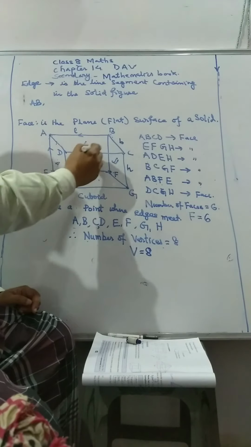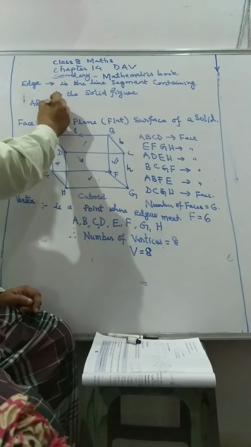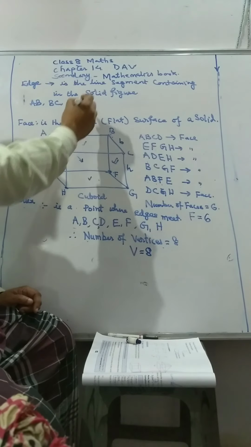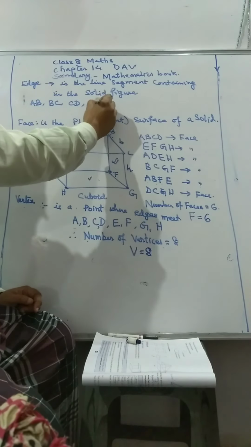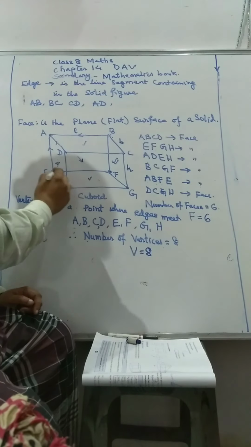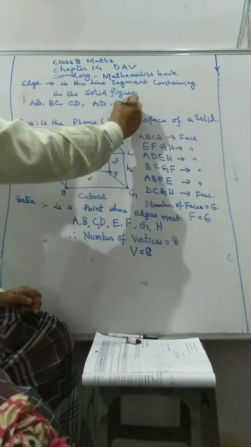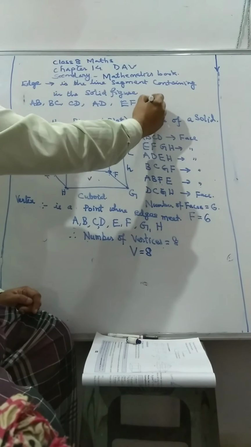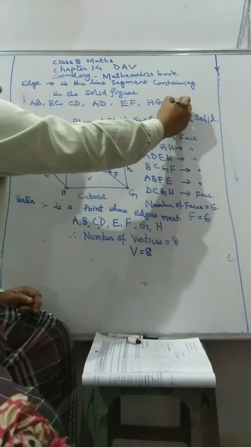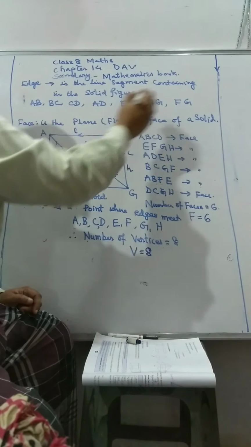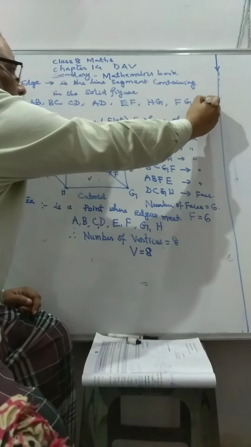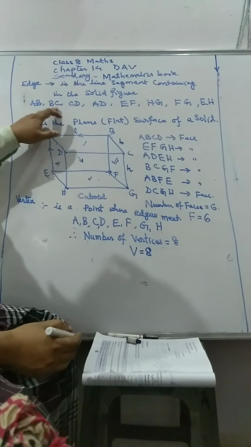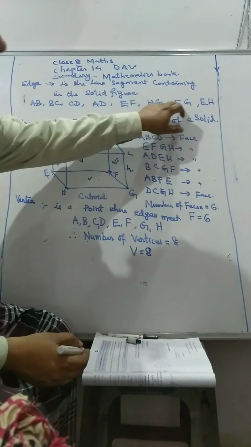Now BC is also an edge. DC or CD is also an edge, AD is also an edge. Similarly, EF is an edge, HG is an edge, FG is also an edge, and then lastly EH is an edge. So we count 1, 2, 3, 4, 5, 6, 7, 8.